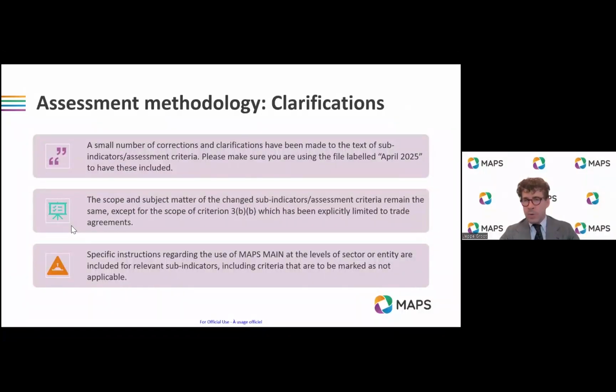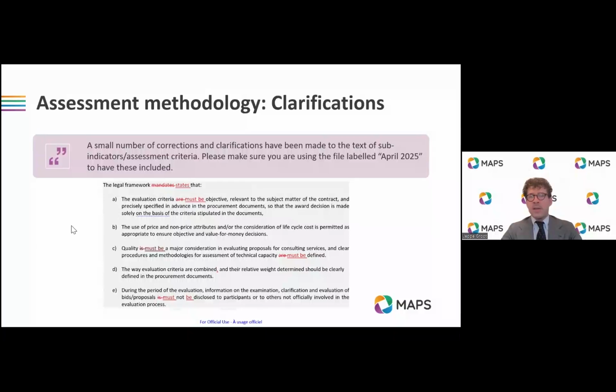So this is mostly regarding criteria that are not applicable if you apply them at the entity level. So now we have specifically written in the methodology, if you apply this methodology at the level of an entity, for example, all of these following criteria should be marked as not applicable. So this is now included in the methodology.